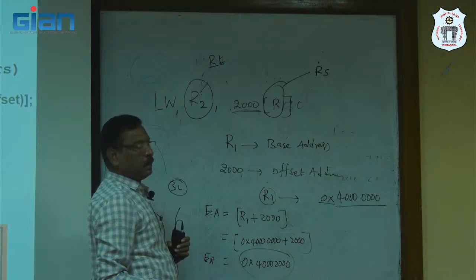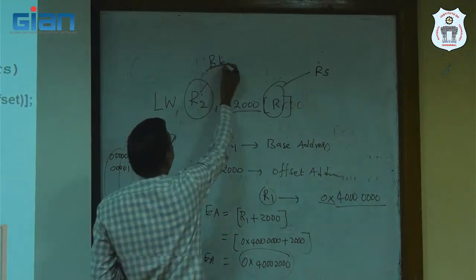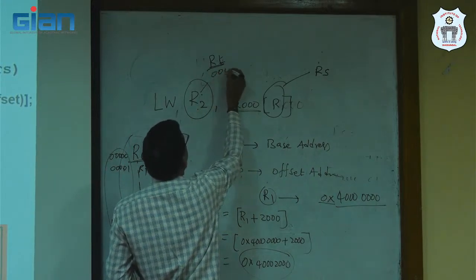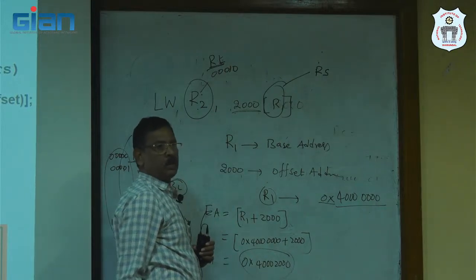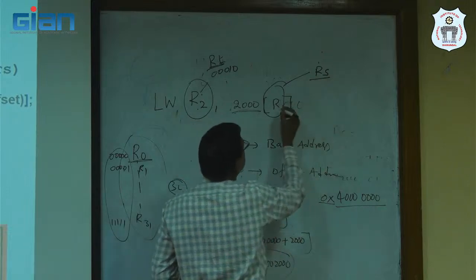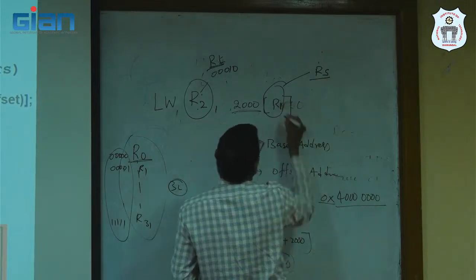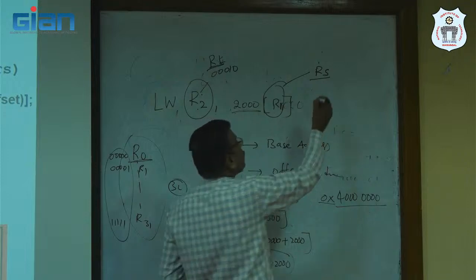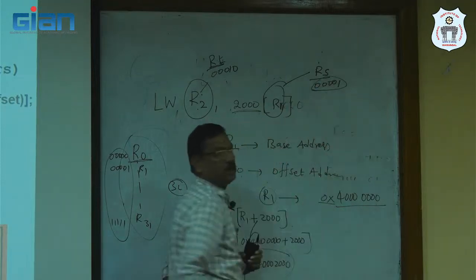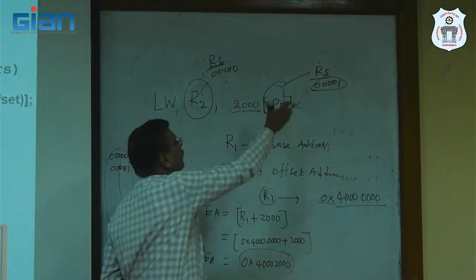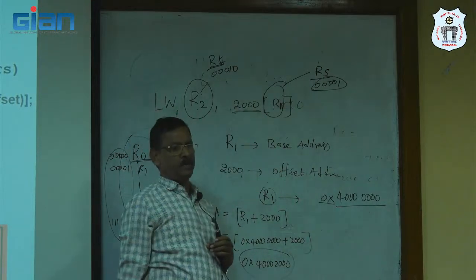To select this RT, what is the address now? 00010. We have to select R2. Similarly for RS selection, because this is R1, what is that 5-bit number? 00001. That's all. Those numbers you have to fill in the instruction template when you are designing.